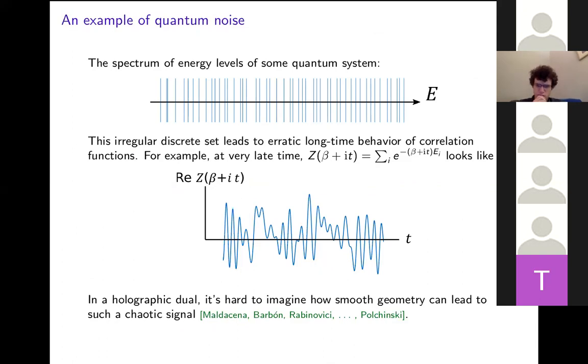So if chaos is somehow a feature of theories of gravity, as you have shown with other authors, wouldn't that strongly suggest that what you're saying is actually true in general?